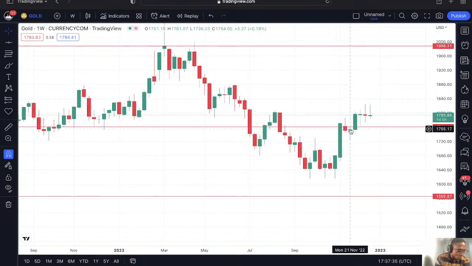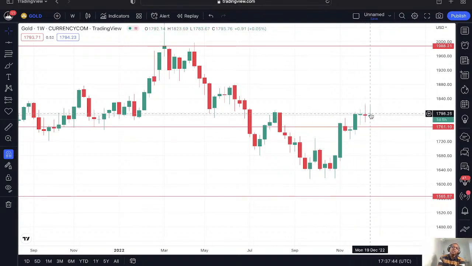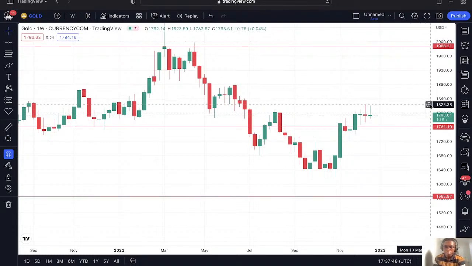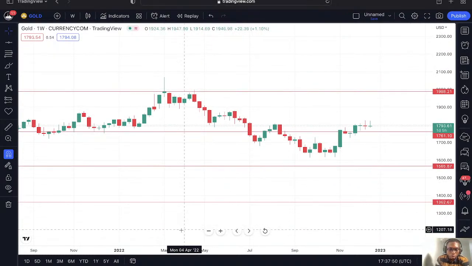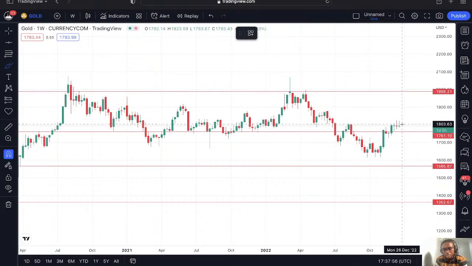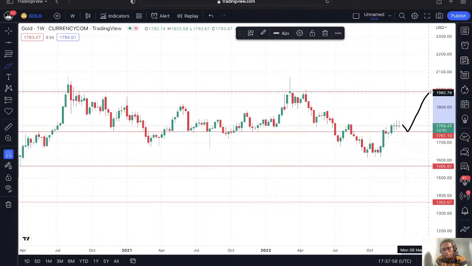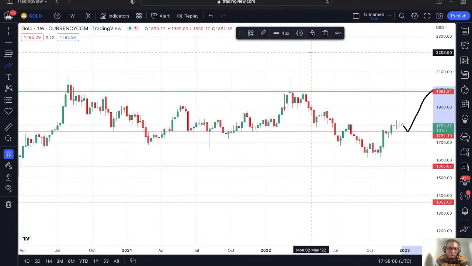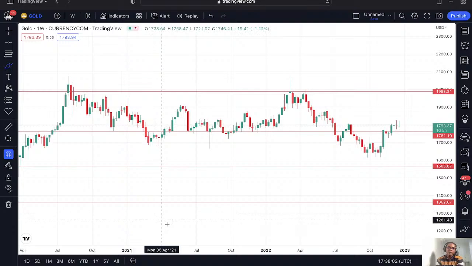Here now we might just see gold touching this level and moving up. For those who don't get what I'm saying, you might just see gold come touch this place and go up.